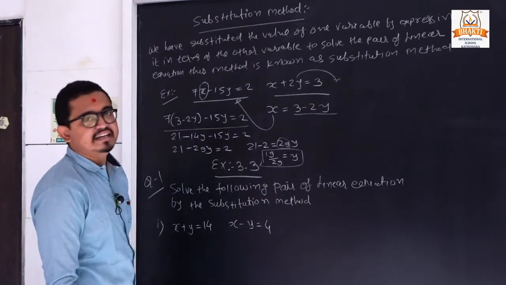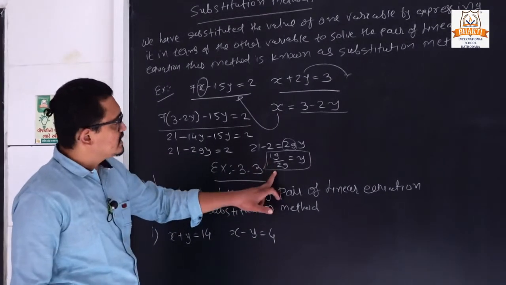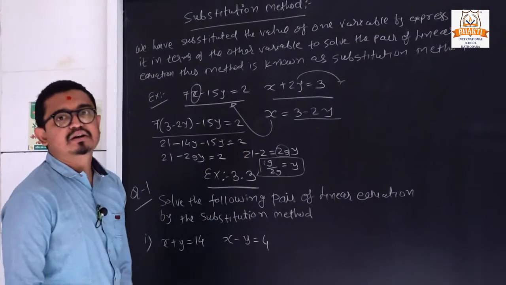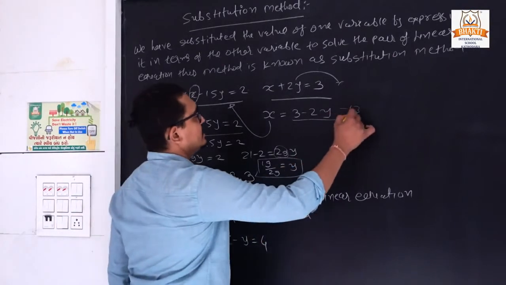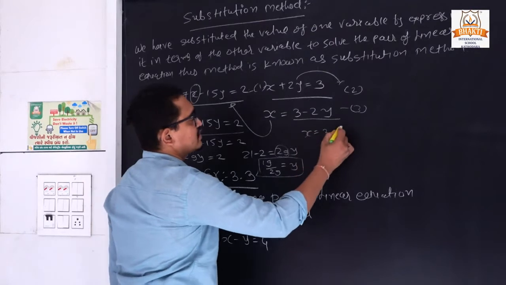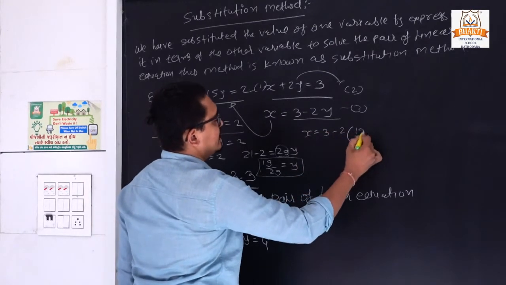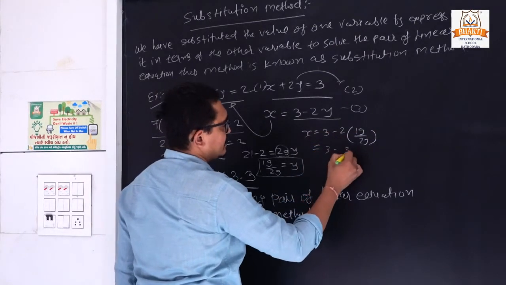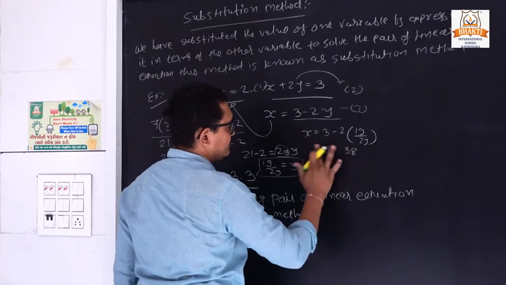Now we will put this value in our equation number 3. We can declare it as our equation 3. So x is equal to 3 minus 2 in bracket 19 upon 29, and we can simplify that. 38 upon 29, and 29 is our LCM.